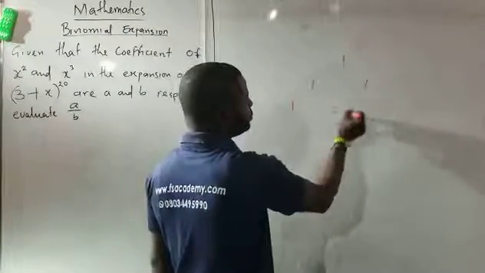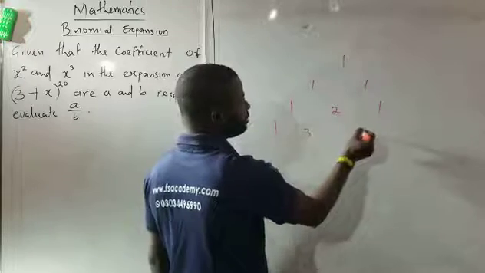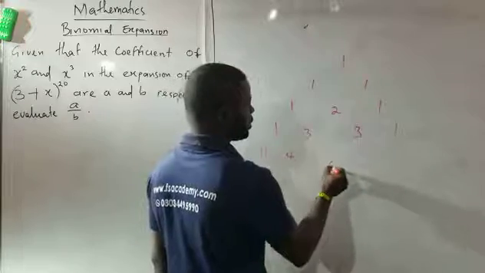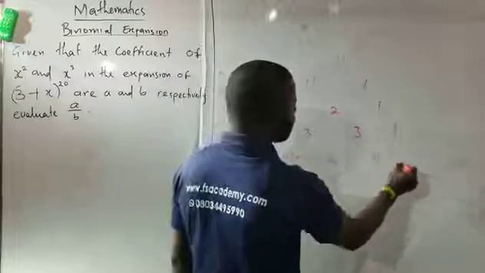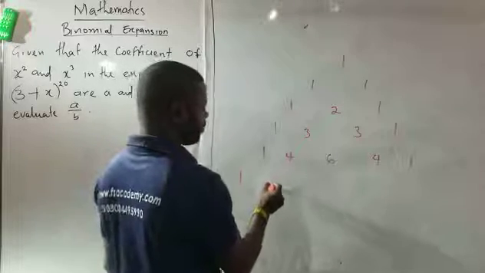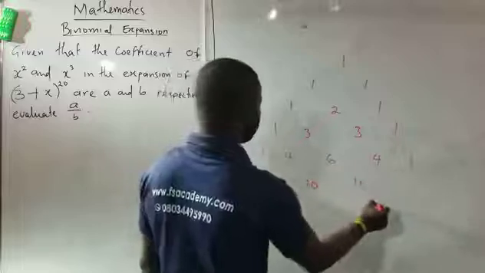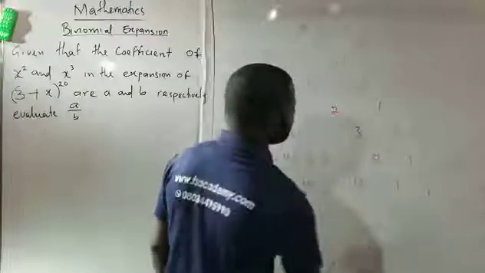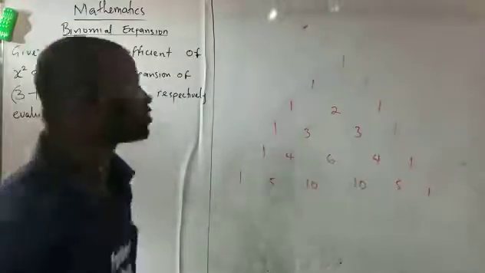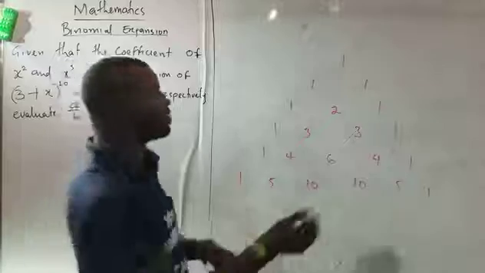Now, 1, 1, 1, 2, 1, 1, 3, 3, 1, 1, 4, 6, 4, 1, and 1, 5, 10, 10, 5, 1. This is Pascal's triangle, which I've explained, and that is how we always use it.